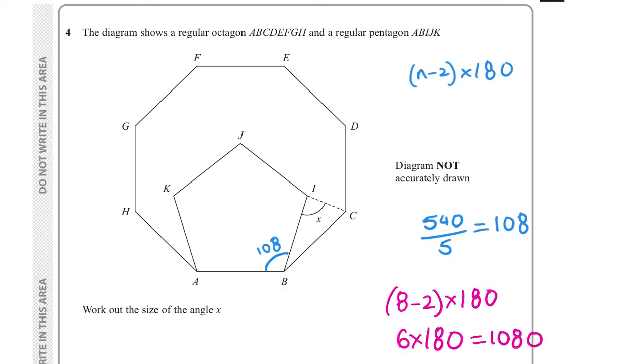And then if I divide that by 8, 135 degrees. So then I know that the whole of this is 135 degrees. I'm going to minus 108, and that's going to give me this little angle, isn't it? And what is it? 27 degrees.